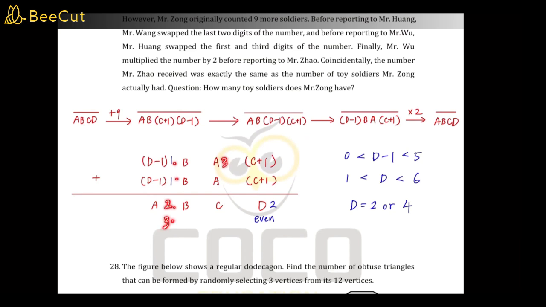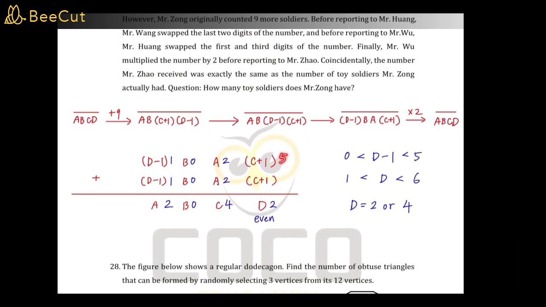Now even if A is 3, there's no carryover to the next digit. No carryover, so B must be 0. 0 plus 0 equals 0, which means that 1 plus 1 equals 2. So A is 2. This part is 2 plus 2. C equals 4? So for the ones digit, this cannot be 4, right?